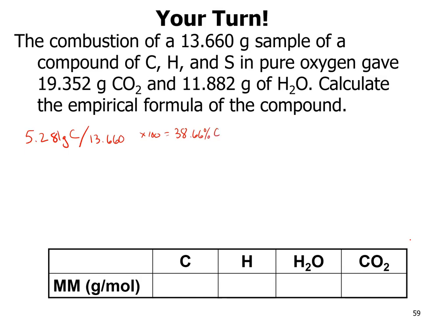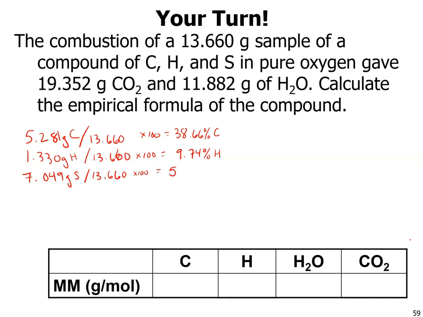I'll take the 1.330 grams of hydrogen, divide that by the total, and multiply by 100, and I get 9.74% hydrogen. And then finally the 7.049 grams of sulfur divided by the 13.660 times 100, and I get 51.60% sulfur.